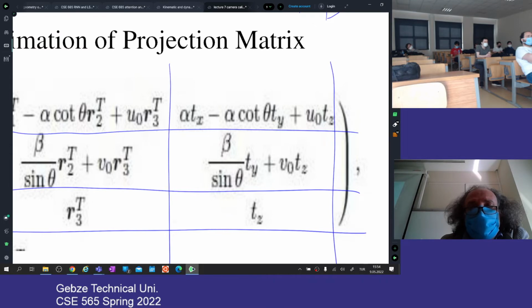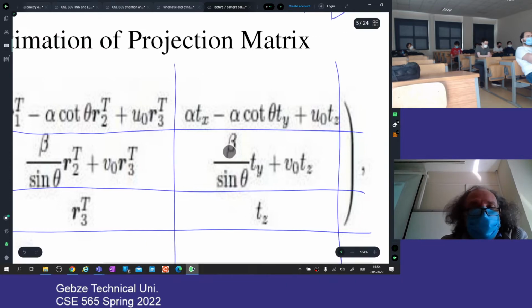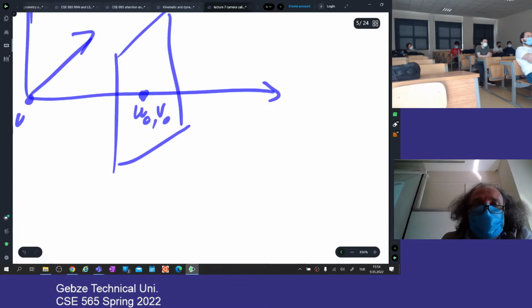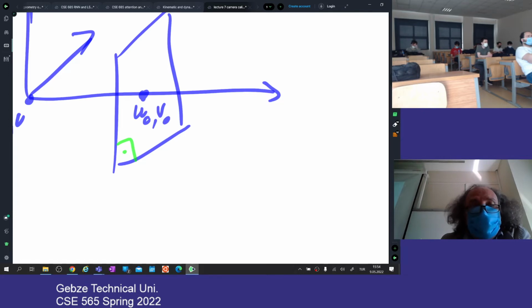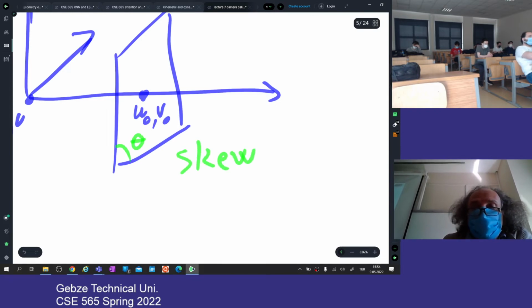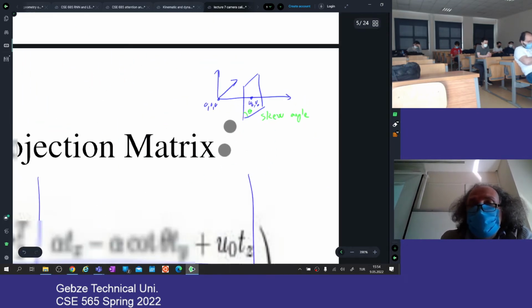If it is 90, then this becomes just 1, and this becomes just beta, right? So what is theta then? Theta is the angle between our image plane axes. We like this angle to be perfectly 90 degrees, but usually it is not 90 degrees. So this angle is our theta, the skew angle. We know that.